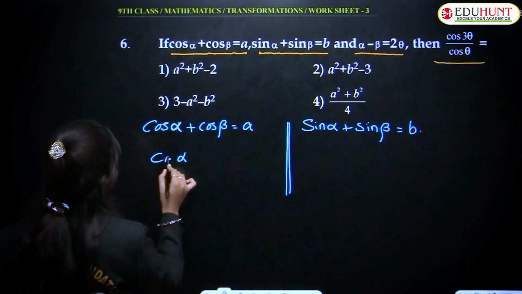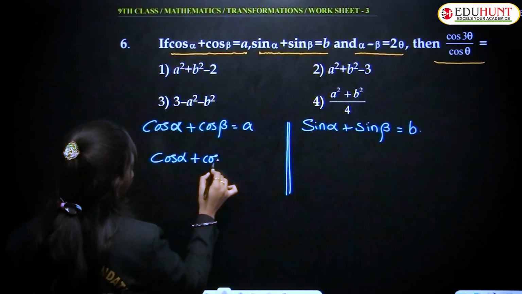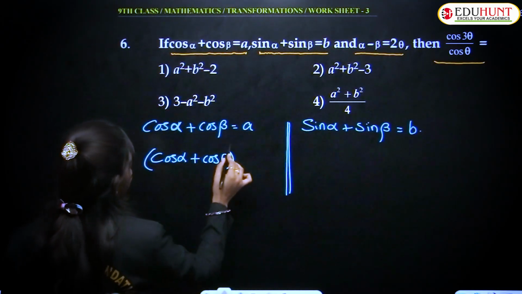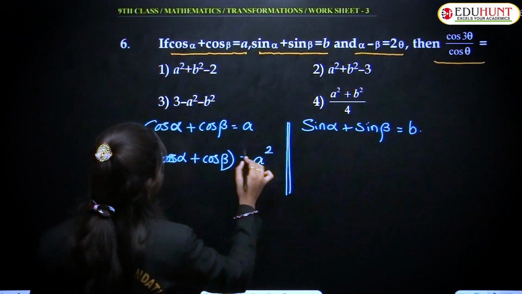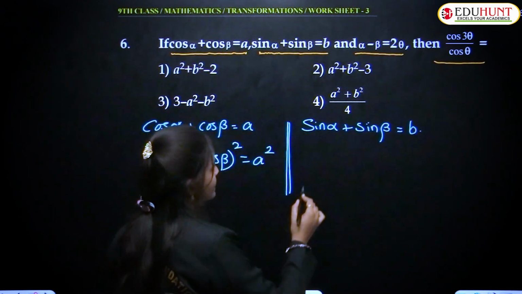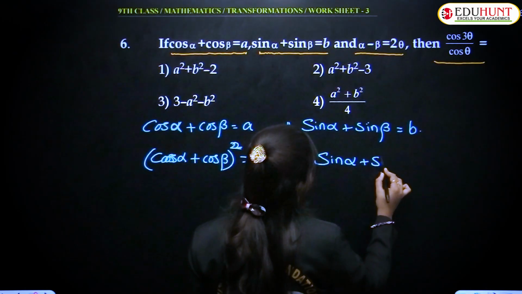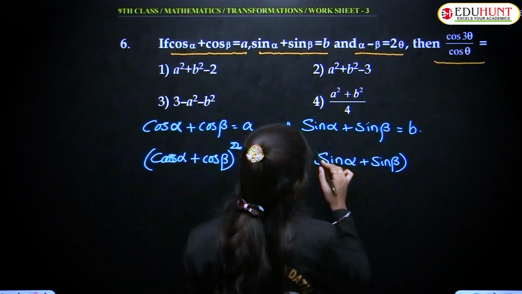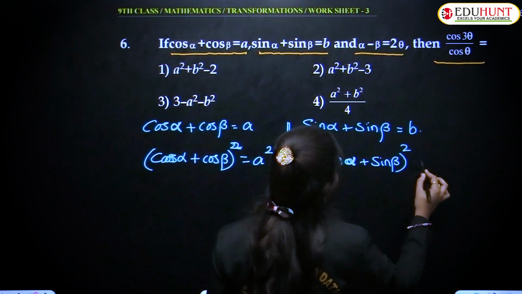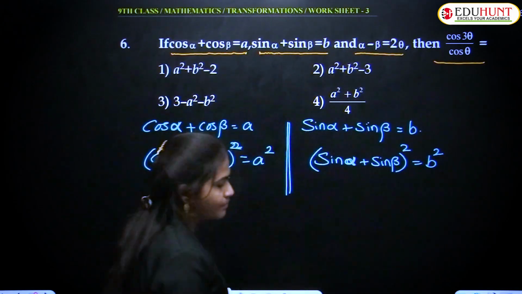So cos alpha plus cos beta whole square is equal to A square, and in the same way here also, sin alpha plus sin beta whole square is equal to B square.